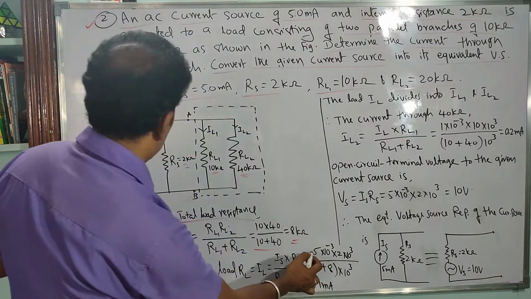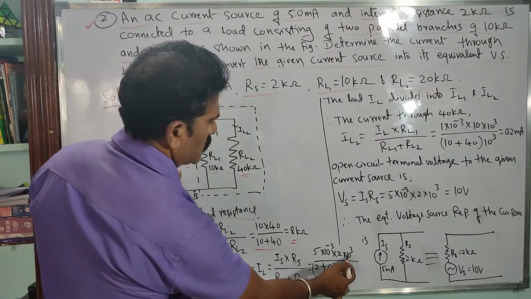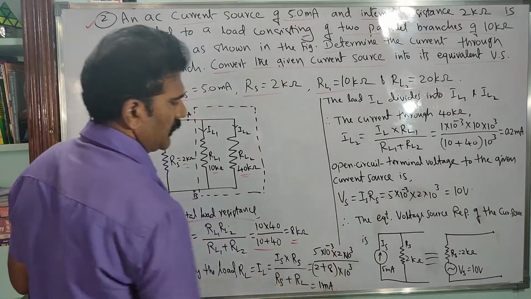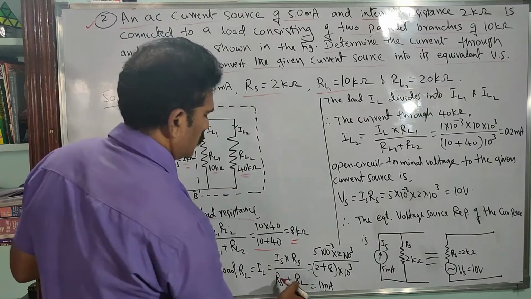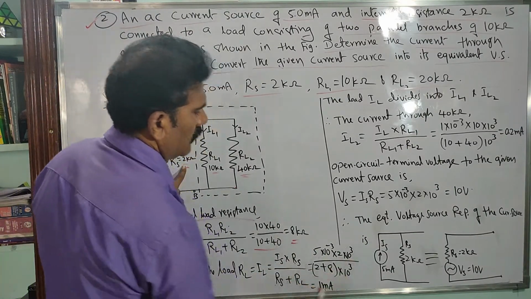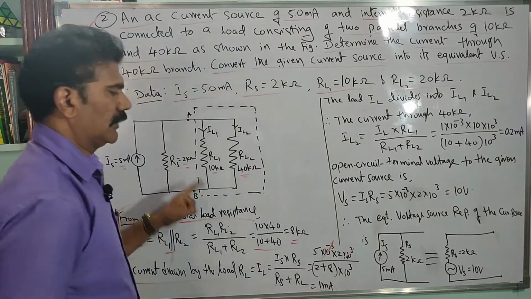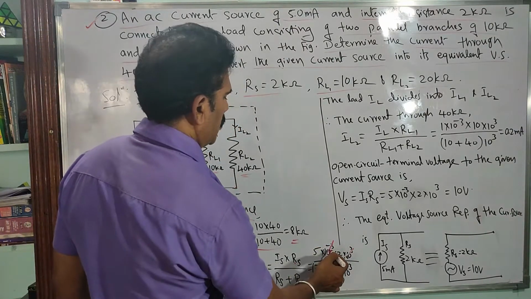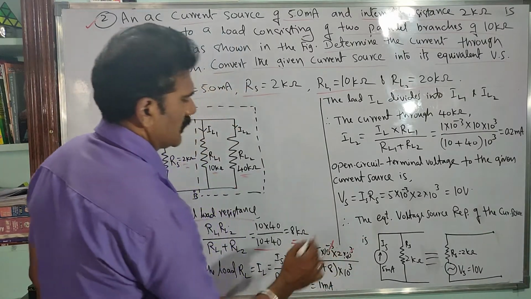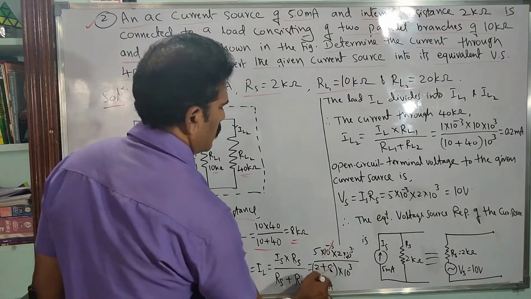Is is equal to 5 milliamperes. Rs is equal to 2 kilo ohms, that is 2 into 10 power of 3. Milli means 10 power of minus 3, kilo is 10 power of 3. Divided by, both are in kilo, so 2 plus 8, into 10 power of 3, which is common. Simplify this and calculate: 10 power of minus 3 and 10 power of 3 cancel, 5 into 2 is 10, and 8 plus 2 is also 10, so they cancel. What is left?